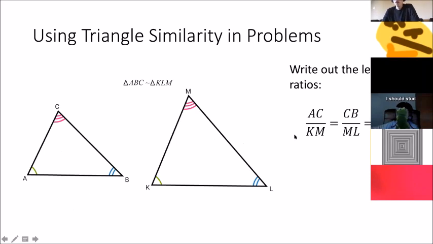Okay. So when you finally see similar triangles in a math problem, what do you do with them? What you usually do is use the length ratios of a triangle. You see over here to the right, I have this equation here.